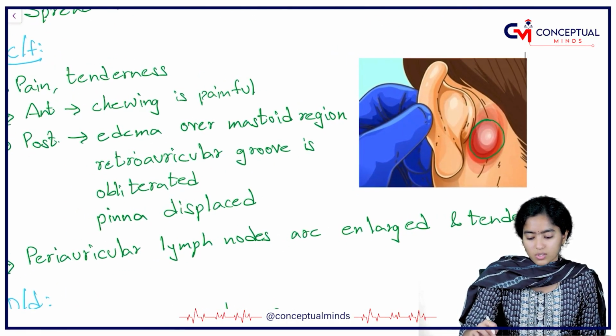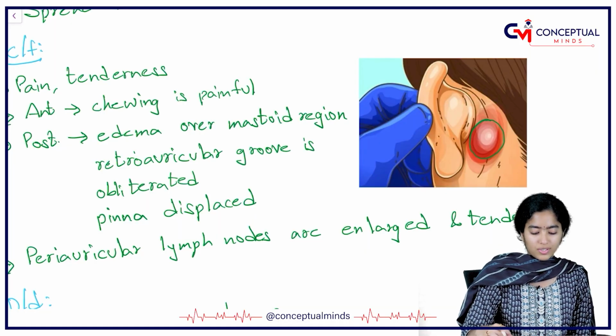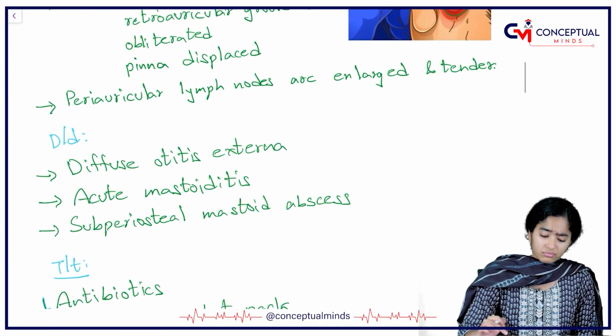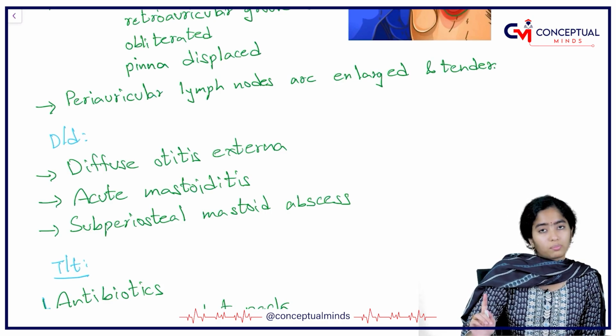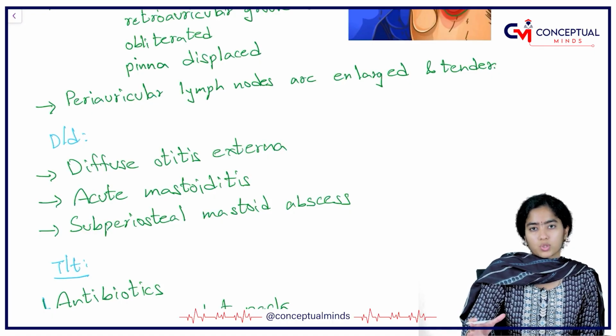This is what you can see in this picture here, and the pinna can be displaced forwards in severe conditions. And periauricular lymph nodes are enlarged and tender. And these are the three differential diagnoses: diffuse otitis externa, acute mastoiditis, and subperiosteal mastoid abscess are the possibilities.